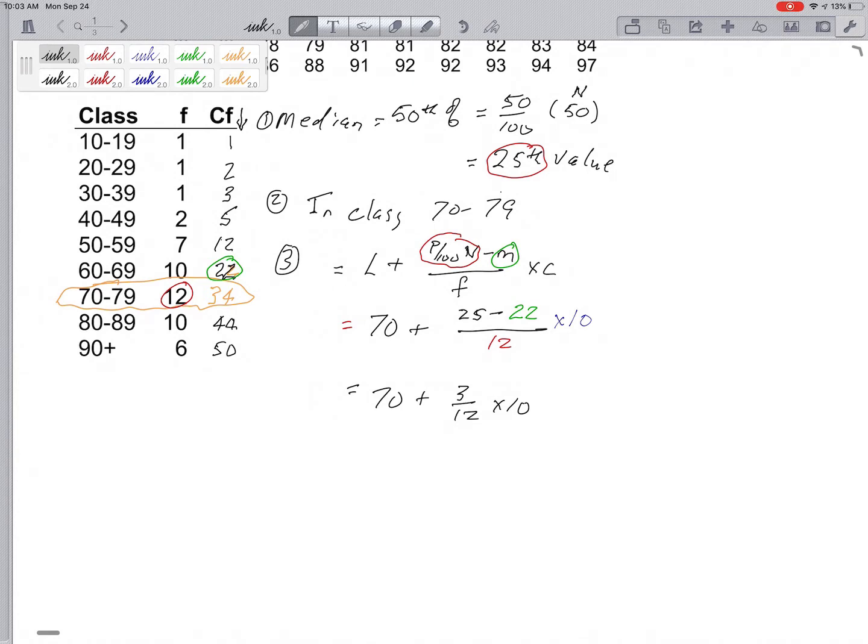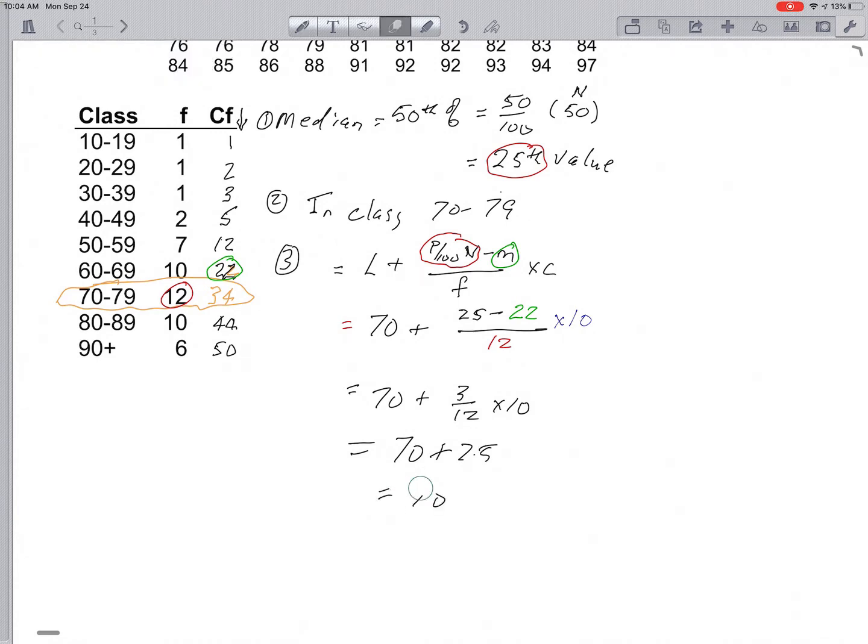The width is 10, so 1/4 of 10 is 2.5. And so that gives us then 70 plus 2.5 is 72.5. And that's the grouped median. And that ends the lesson.